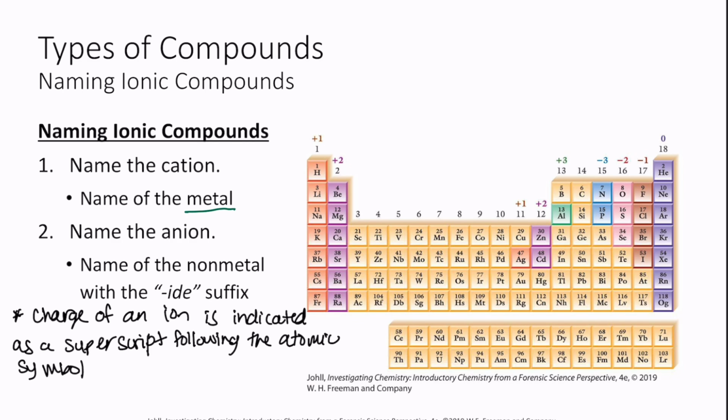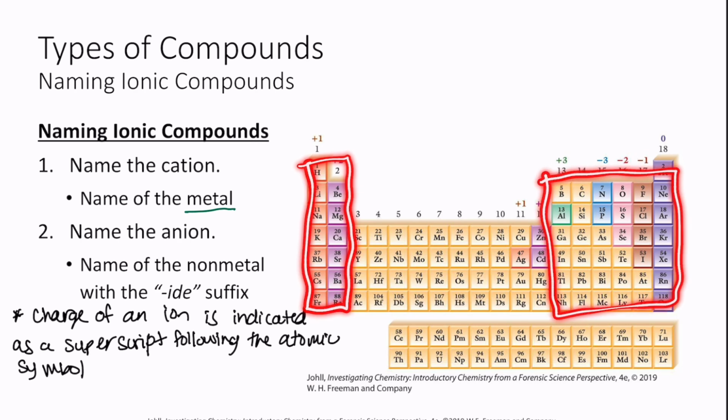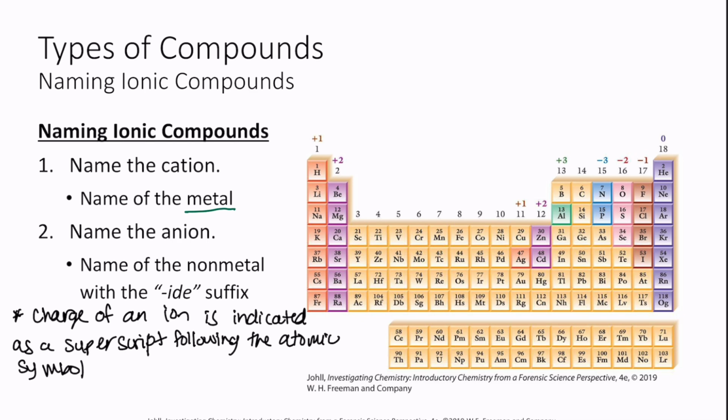For main group elements, remember that's going to be the S block and the P block, to determine the charge is really easy. Group one is +1, group two is +2, and then skip all of the transition metals over to group three, and group three is going to be +3.